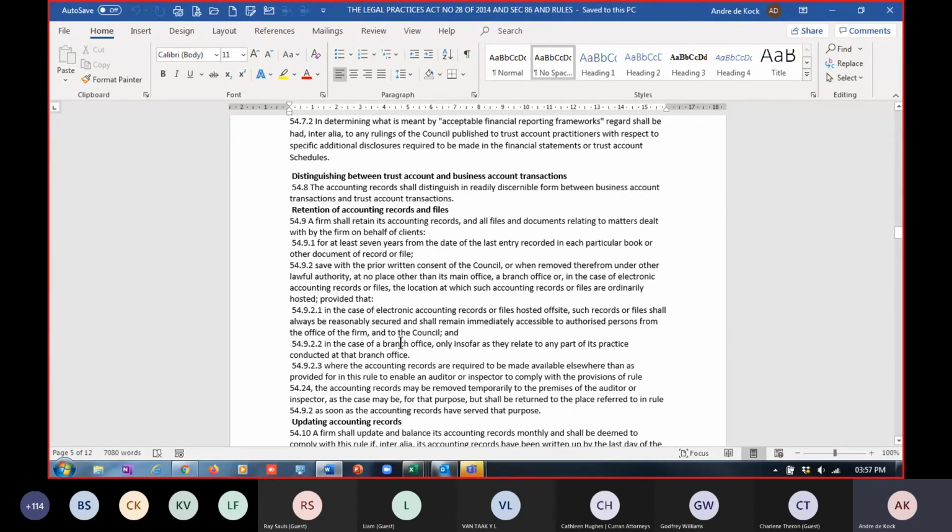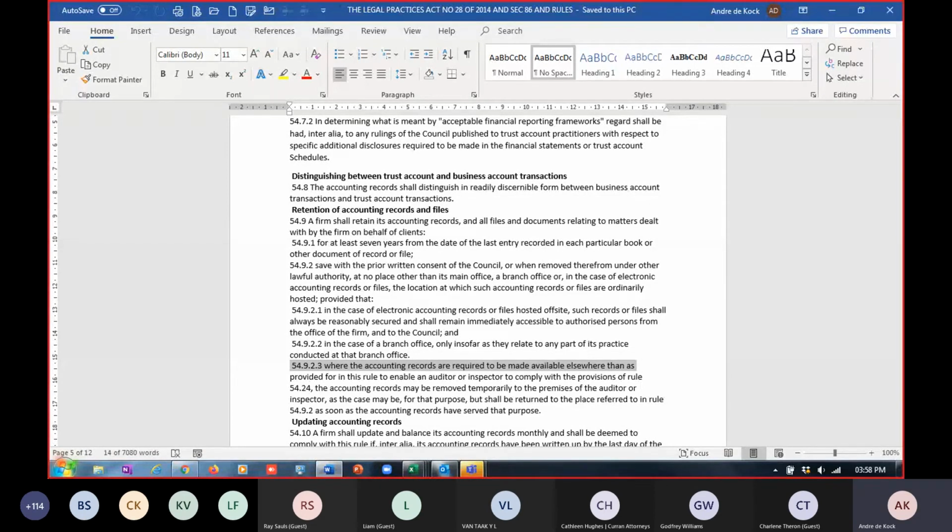In the case of a branch office, if you've got a main office and a branch office, you may keep the books of both the main and the branch office at the main office. Let me say that again. If I've got a main office and a branch office, I can keep the books of both the main and the branch at the main office.